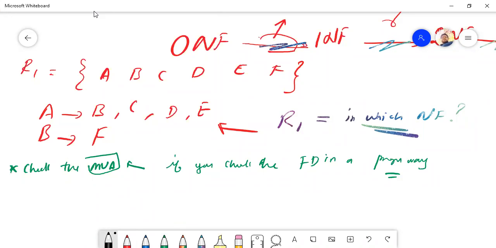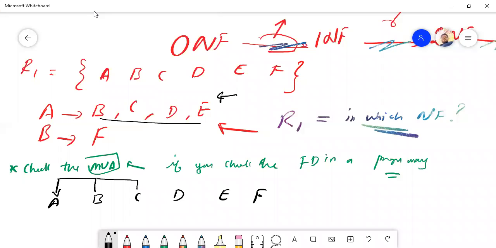Okay, now I have A, B, C, D, E, and F. So you can see they are functionally depending on A, that is B, C, D, E. Simply I can draw that B is depending on A, C is depending on A, D is depending on A, E is depending on A. So you can draw simply these arrows, and the next one, this is the first one, this is the second one.